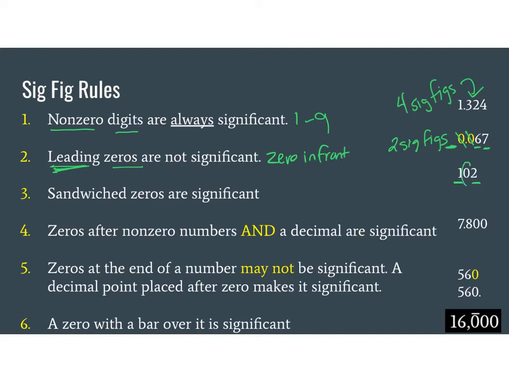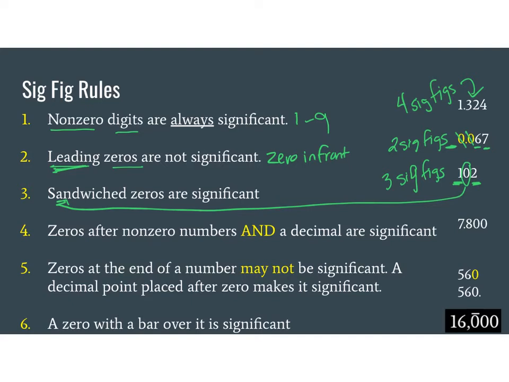In this case, this 0 is what we call a sandwich zero. It's between 2 others. So this number has 3 Sig Figs. As you can see, that's different from the leading zeros. We have nothing significant ahead of it, but in this case, we have something significant ahead and behind, so that's why we call it a sandwich zero.